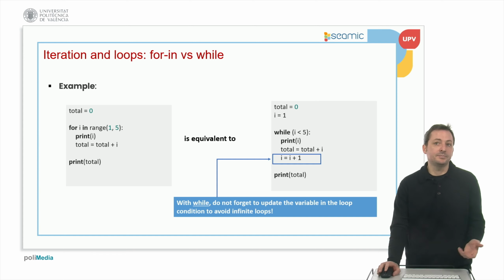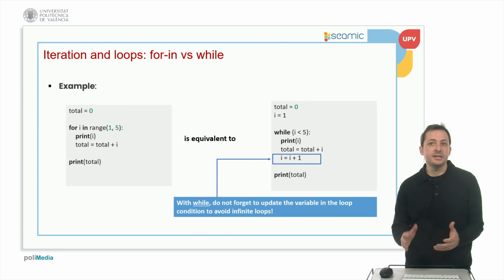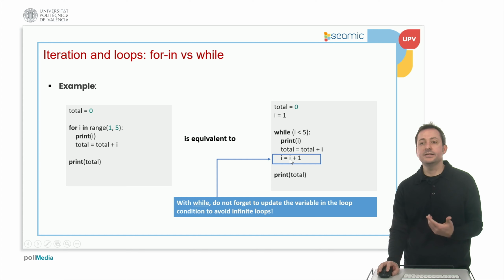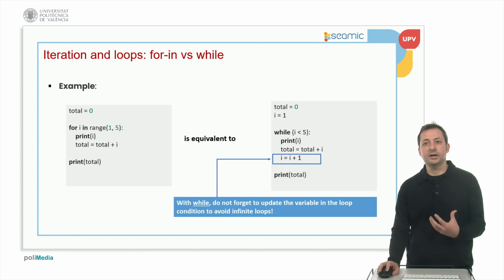Or maybe you can figure it out, but it's easier to write the code this way. So in this case, it's very important to take into account that you have to explicitly define some kind of operation that allows the while loop to end at some point.